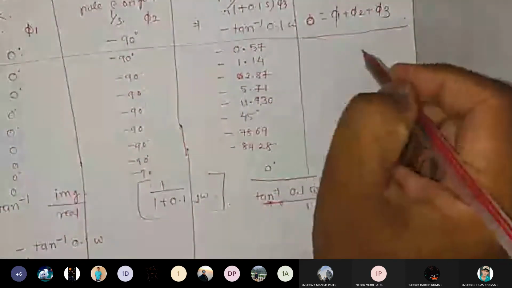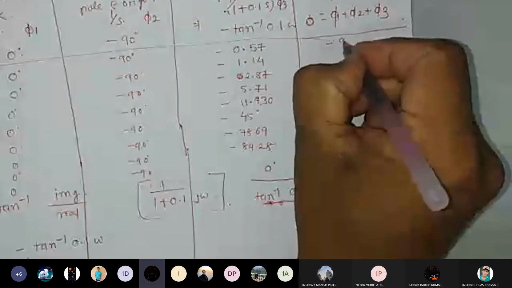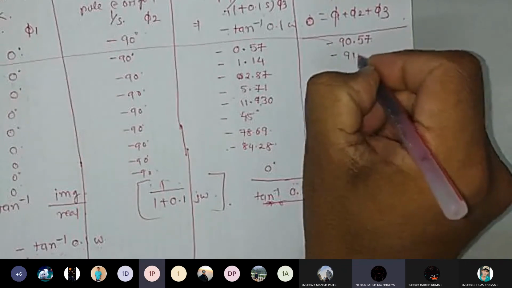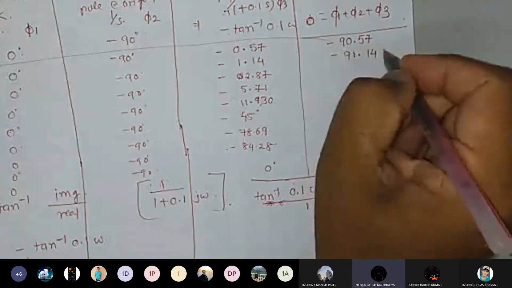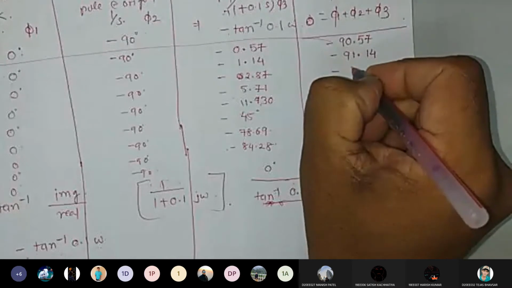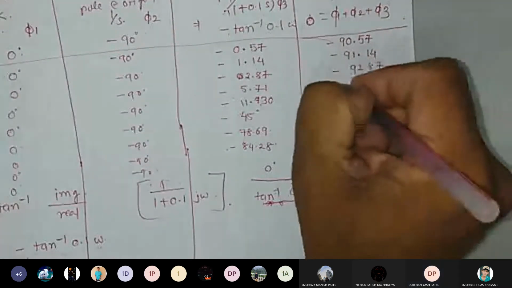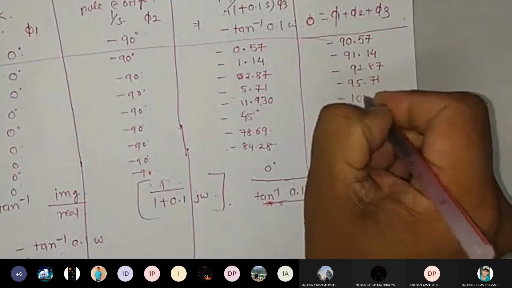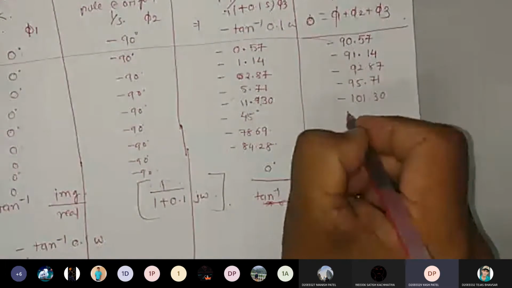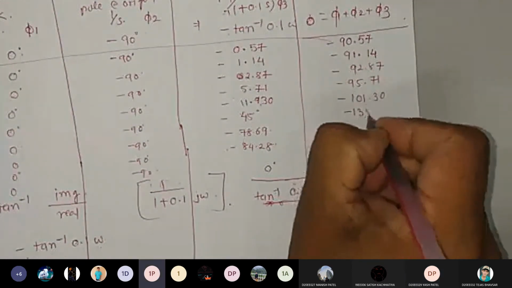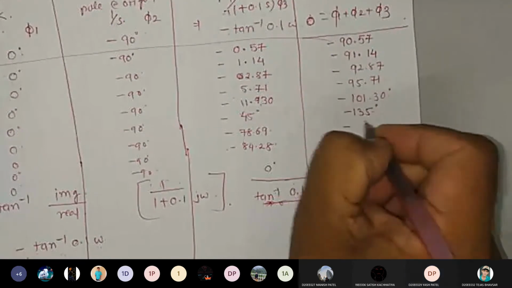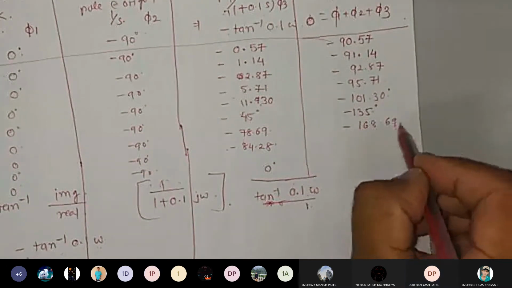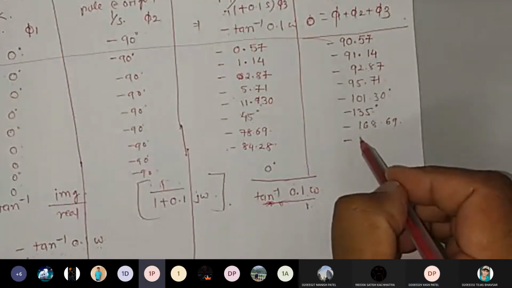First minus 90.50, second minus 91.14, minus 92.87, next minus 101.1, minus 135, minus 168.69, 174.28.